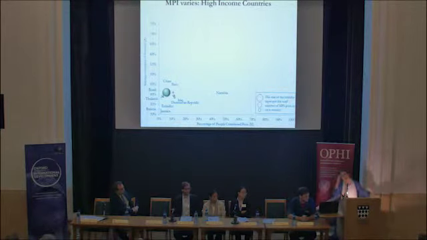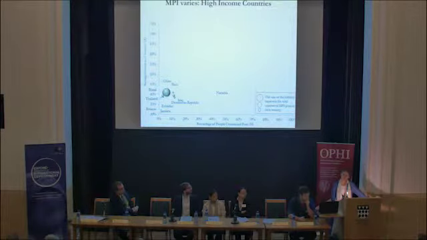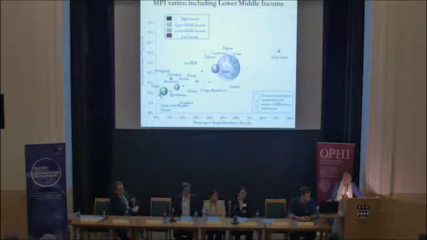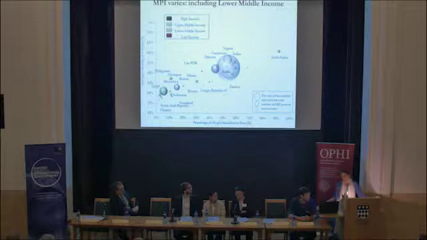Looking within those aggregates, though, is also very important. So if we take just the upper middle-income countries, which are graded green in this slide, we see that by and large they have quite low MPI levels, with the exception of Namibia, where multidimensional poverty reaches 40%. But if we look at the lower middle-income countries, we see really quite a gradation from Ukraine or Syria with quite low levels of poverty to South Sudan, which was a lower middle-income country.